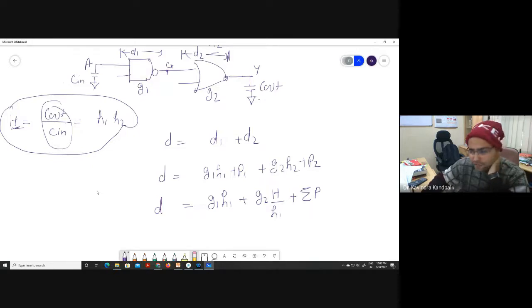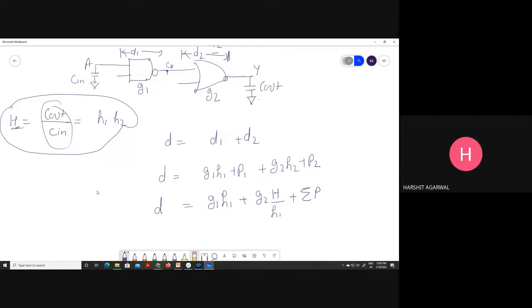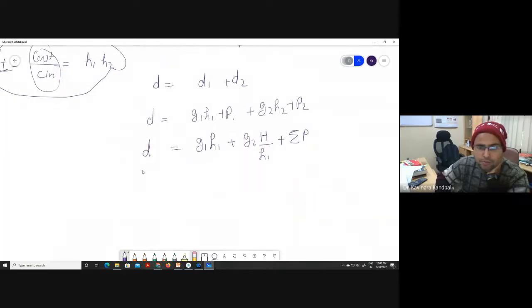Any problem so far? No, sir. Is it clear? Yes, sir. If you want to minimize this D, then can I do this particular thing? del D by del H1 needs to be equal to 0.